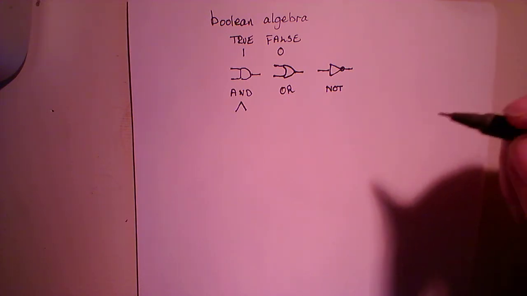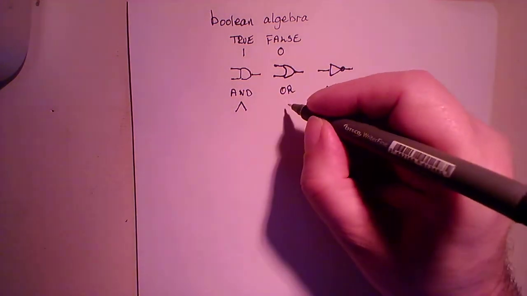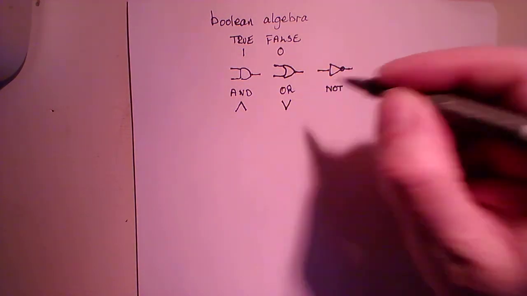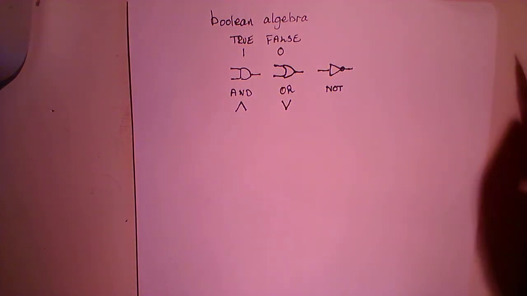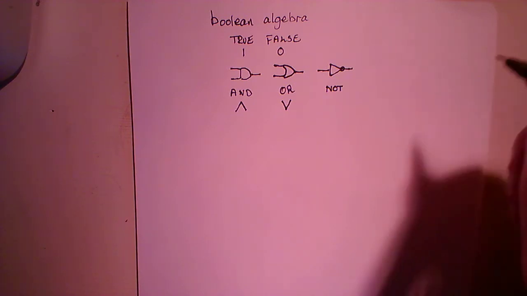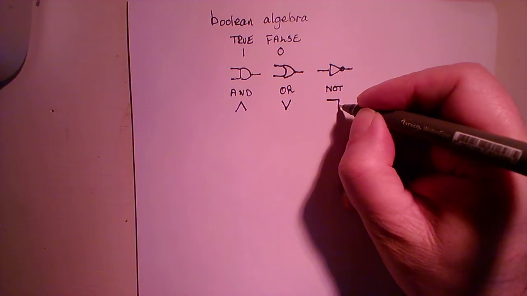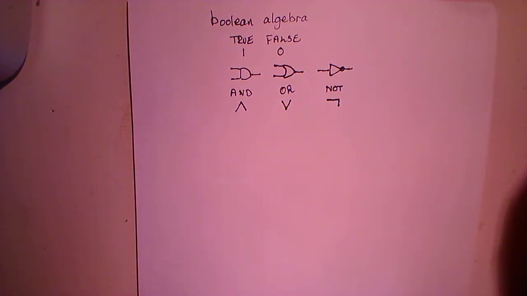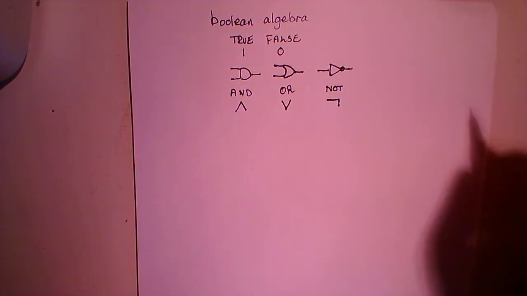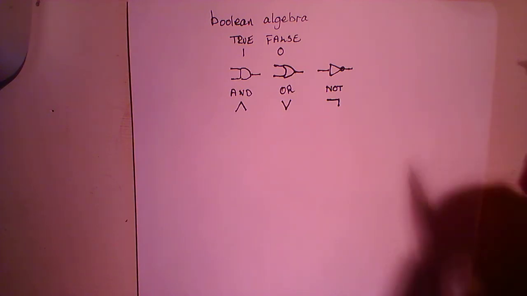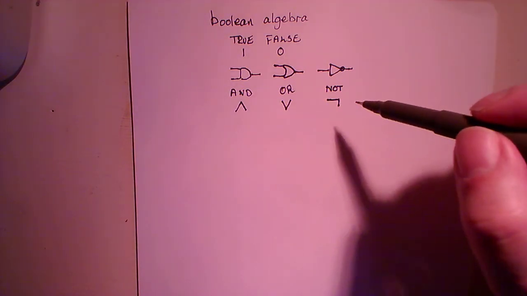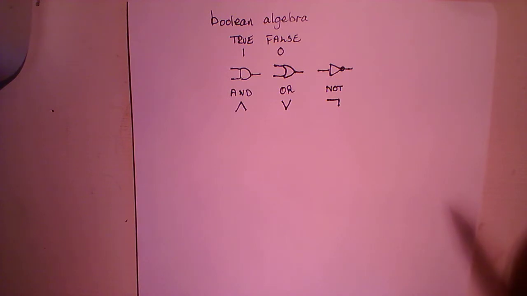It's just an angled bracket pointing up. Or is the opposite way round, so it's sort of a V. And finally, not is represented by sort of one corner of a rectangle in that direction. And that is the Boolean algebra symbols.